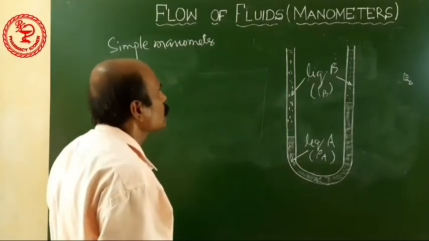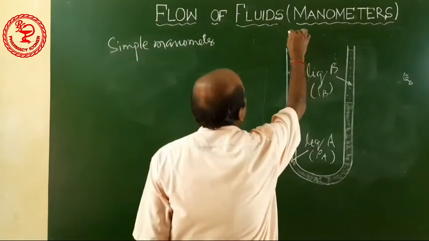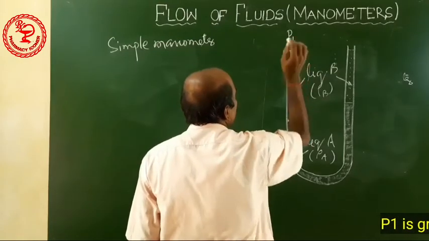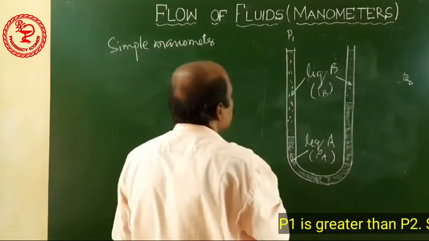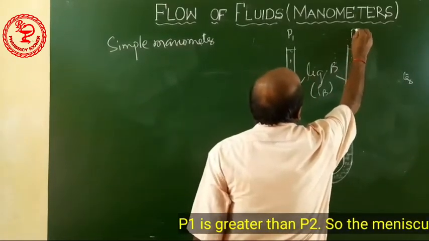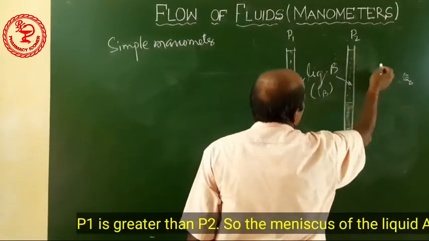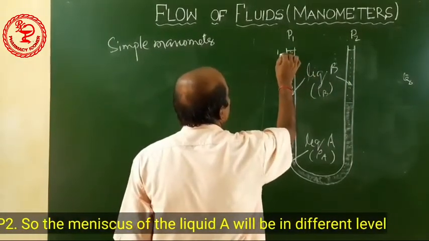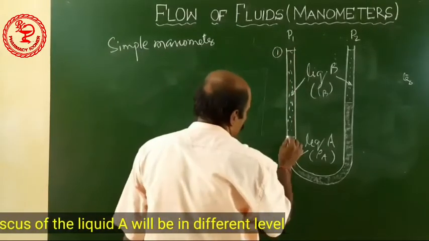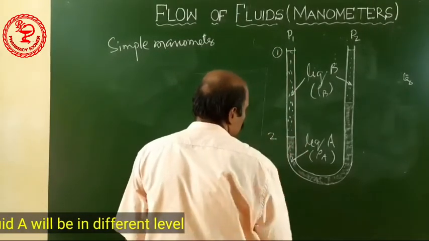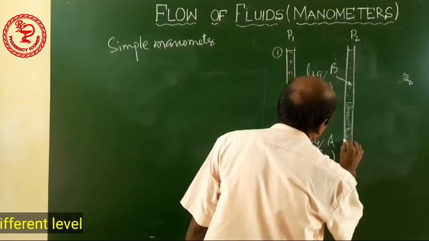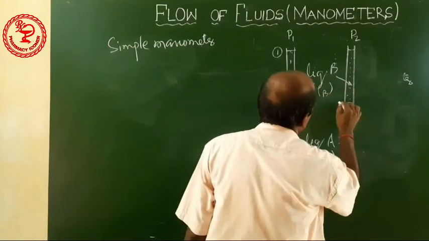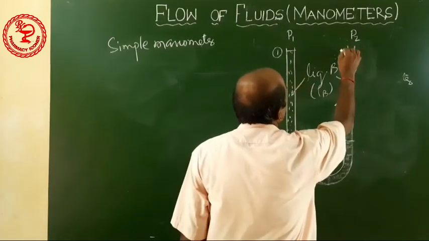Now suppose P1 Pascal pressure is applied on one arm, that is the left arm, and P2 pressure is applied on the other arm, the B arm. This is point 1, point 2, point 3, point 4, and point 5.